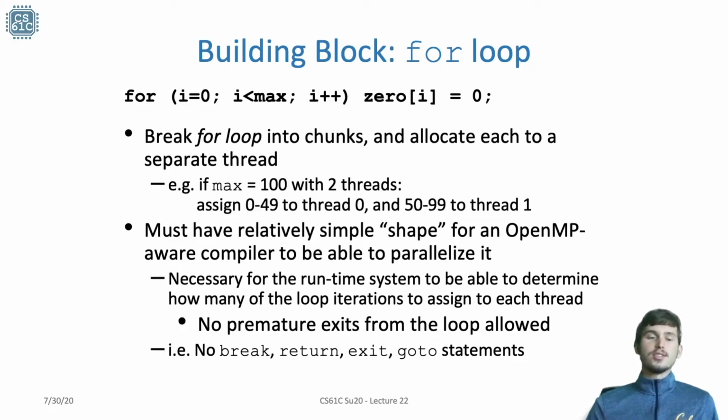The other thing is there cannot be any premature exits from the loop, so you cannot break, return, exit, or use goto statements. Those are all restricted. Another shape restriction is the for loop cannot be a do-while loop, or a loop without loop control. Also, the loop iteration variable must be an integer, and the loop control parameters must be the same for all threads. Those are some of the limitations you have.